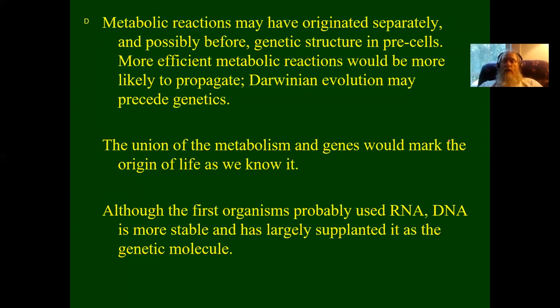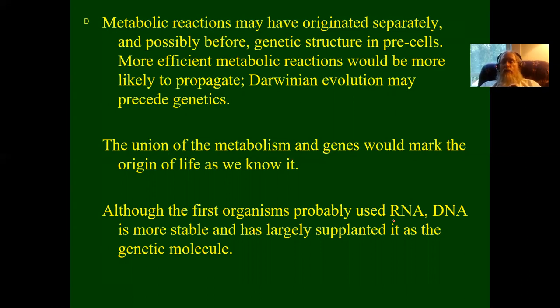But in any event, whichever came first, once you get metabolism and genes enclosed within the same membrane, you've got something that we would clearly call a cell. A very primitive cell maybe, but this is a living cell. And at that point, it's unambiguous that we'd have life. Like I said, we think RNA probably came before DNA, but once you can make DNA, it's a bit more stable than the RNA, primarily because it does a double helix better than RNA does.